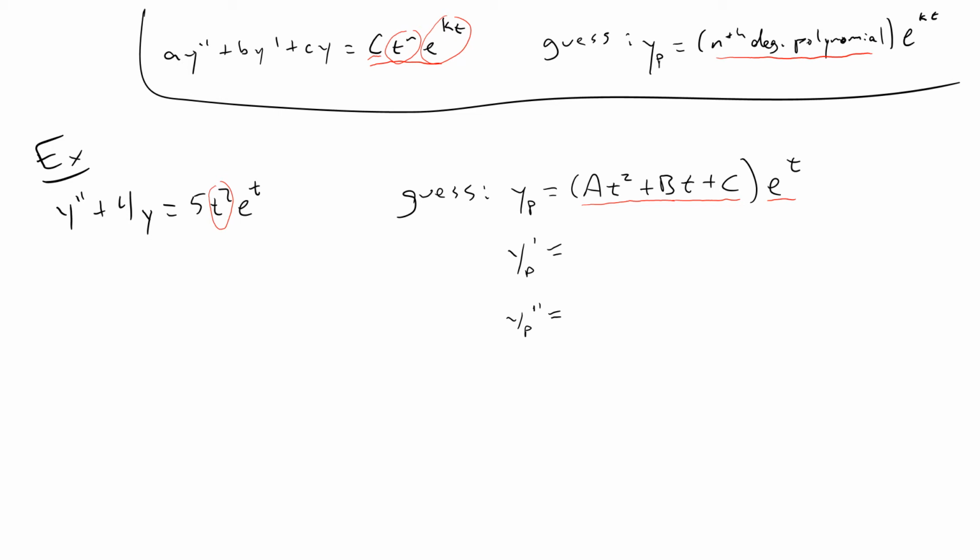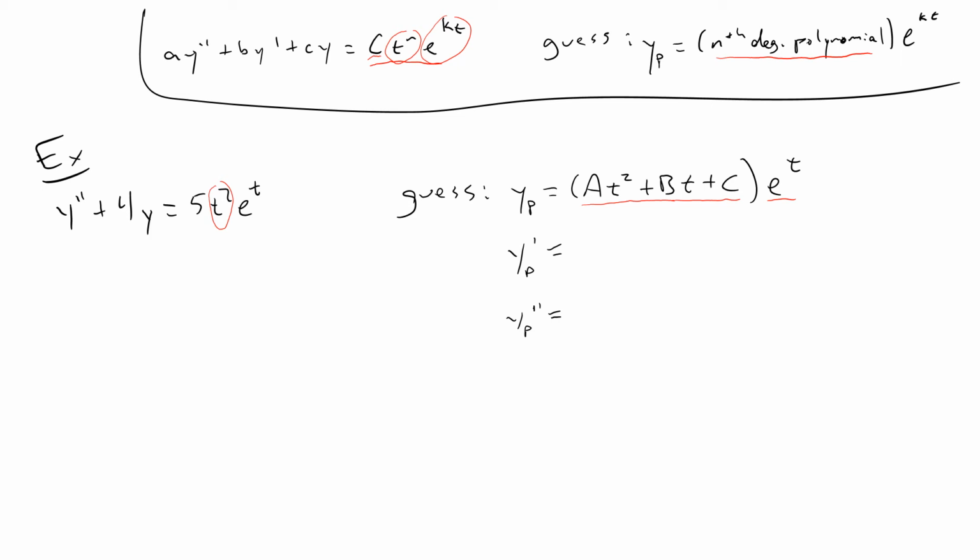Now again, keep in mind that if you have some number attached to the exponential function, like e to the 3t, then your guess would involve that number, e to the 3t. But in this case, we don't have a coefficient on the t, it's just a coefficient of 1, so we don't need to worry about that here.